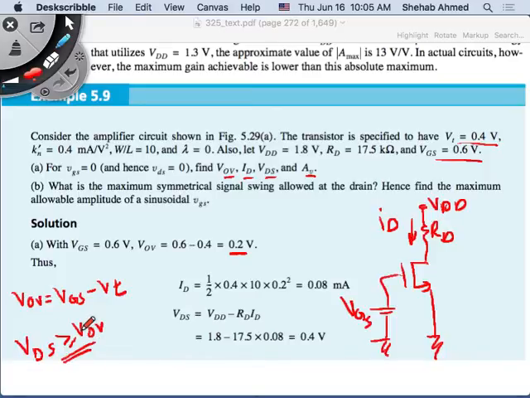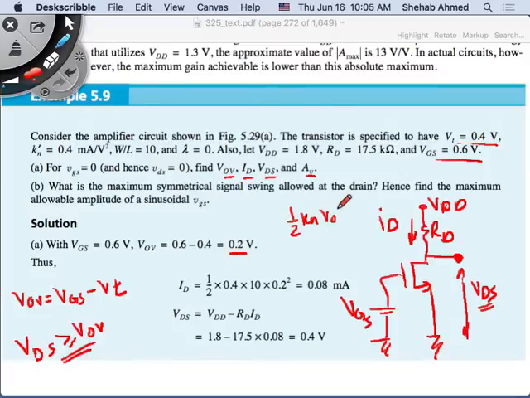That's the limit on getting into saturation mode. So we have to make sure that is satisfied after we solve this. This is now VDS; I have to make sure that it is greater than my overdrive voltage. So what is ID? ID is defined by half Kn VOV squared.